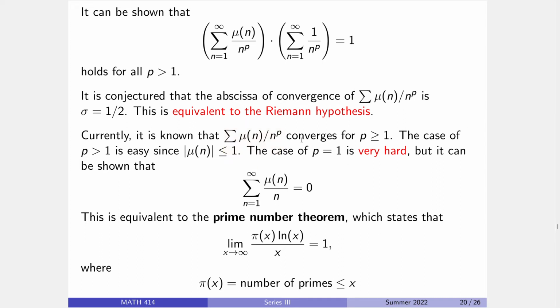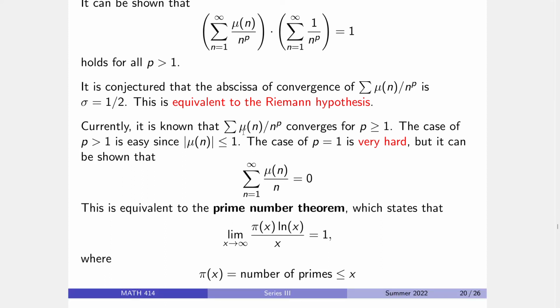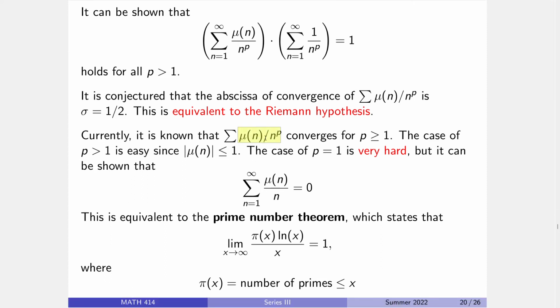And there's actually a pretty good heuristic reason to believe this, because the Mobius function is connected to the square free numbers, and the amount of square free numbers is kind of related to the sum of 1 over n squared. So you can see the 2 kind of showing up. There's very good reason to believe this is true, because pretty much everyone's convinced the Riemann hypothesis is true.